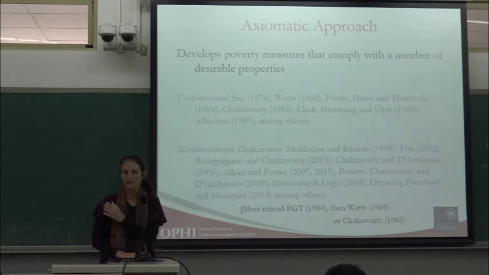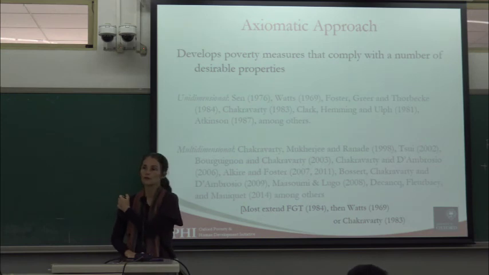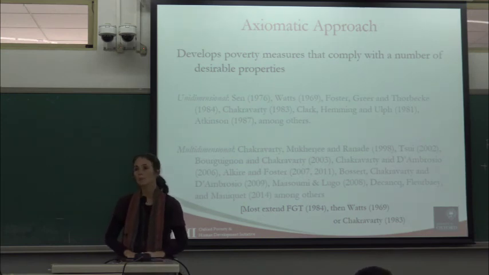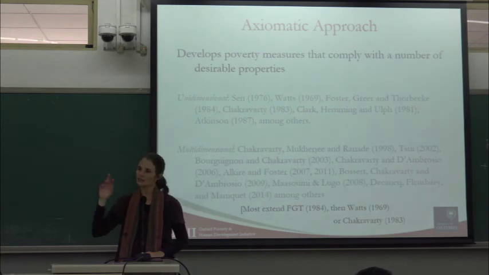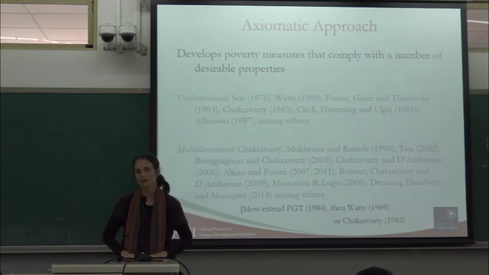François Bourguignon and Chakravarti extended the Foster-Greer-Thorbecke class of measures, and they also made some important points. For example, recommending that a multidimensional poverty measure should have a deprivation cutoff for each dimension, and not aggregate, so to have a row first approach, but set deprivation cutoffs for each dimension so that each entered with intrinsic value.